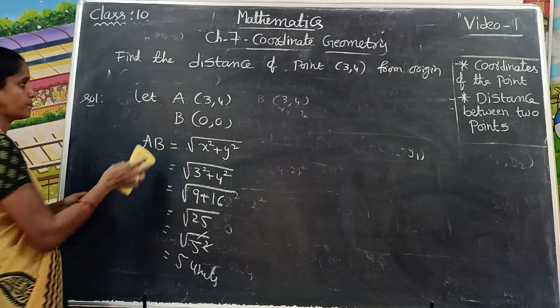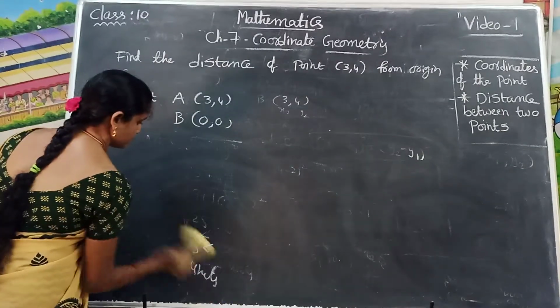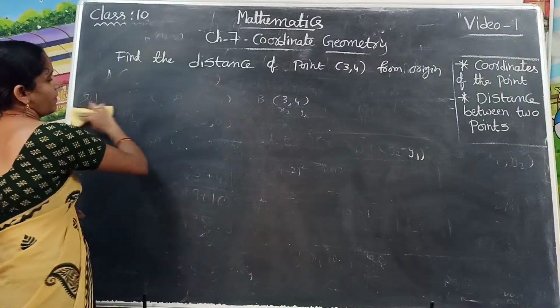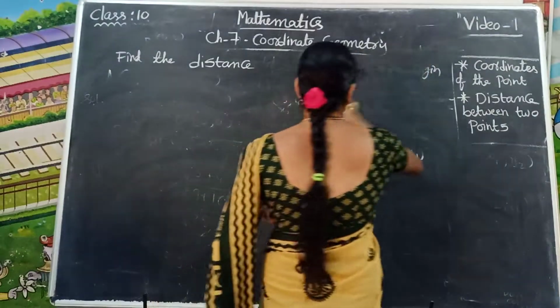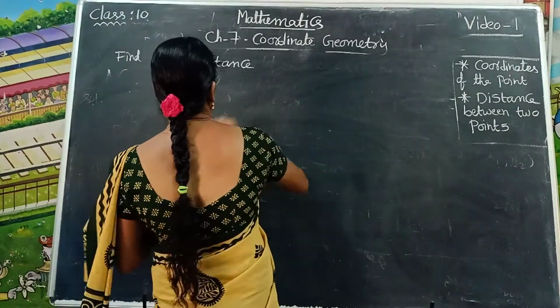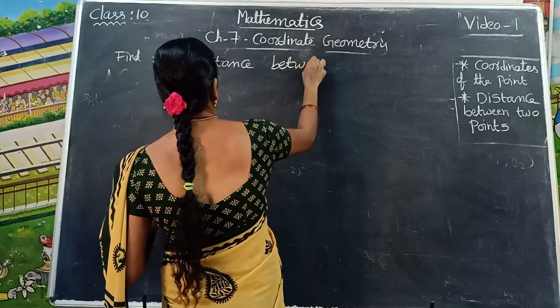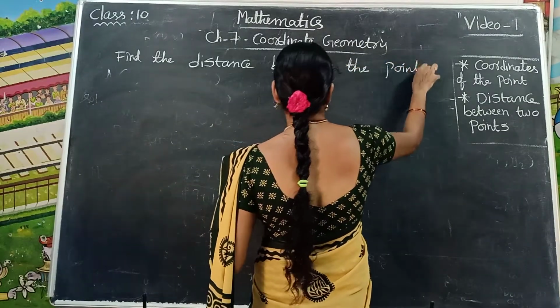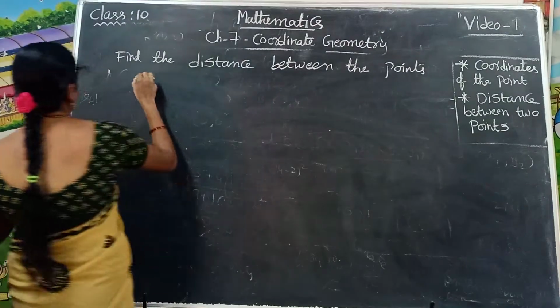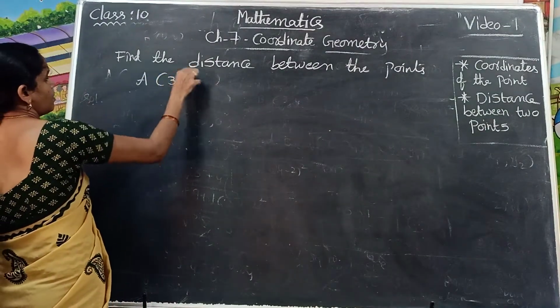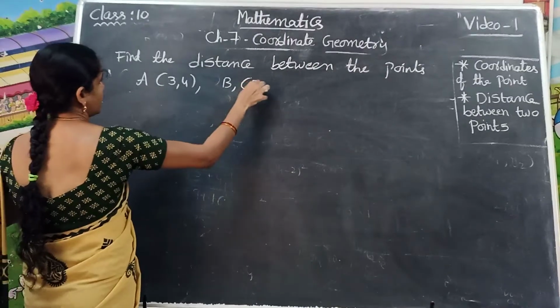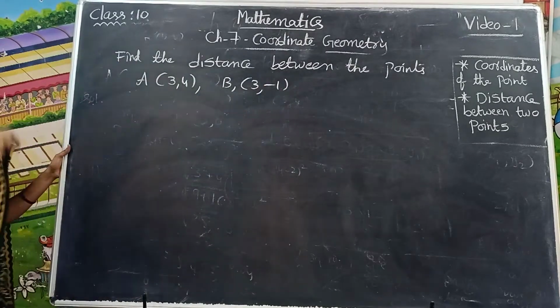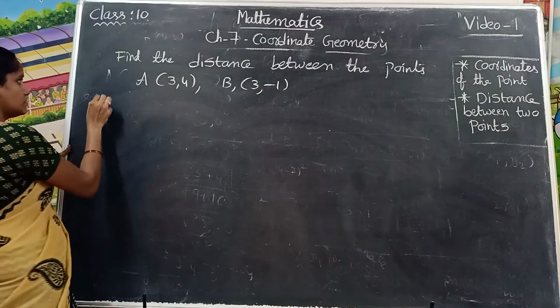Now find the distance between the points A 3, 4, B 3, minus 1. So what is given?